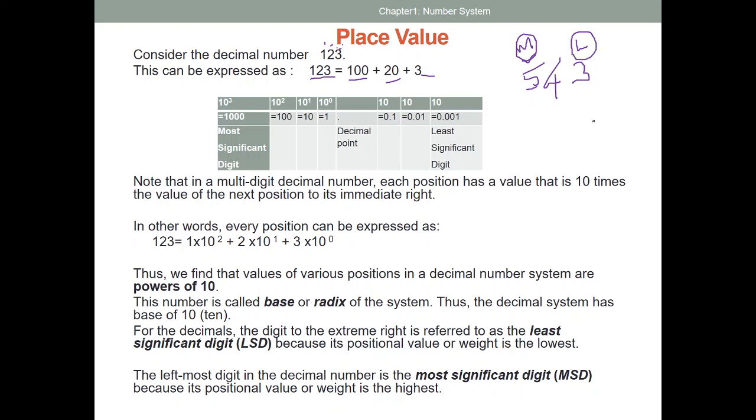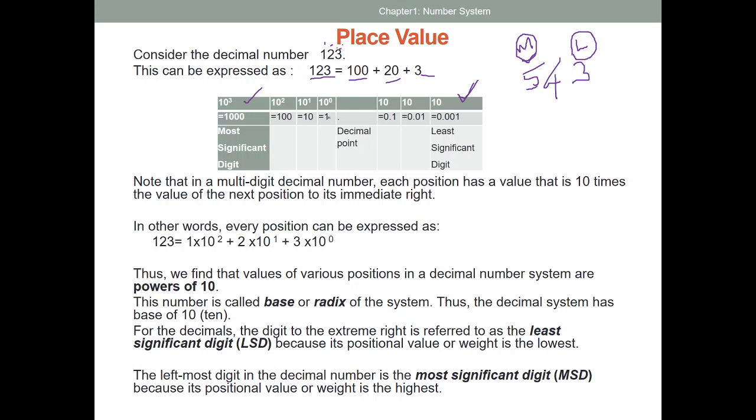Now I'm writing a number with positions 10 to the power 3, 10 to the power 2, 10 to the power 1, 10 to the power 0. Which is the most significant? The leftmost. The rightmost is the least significant.